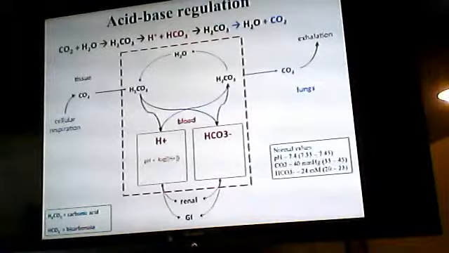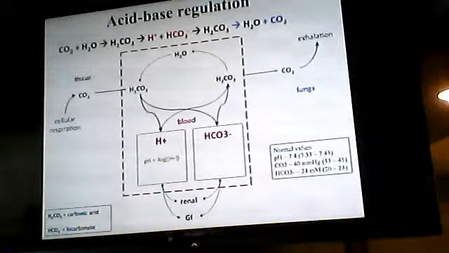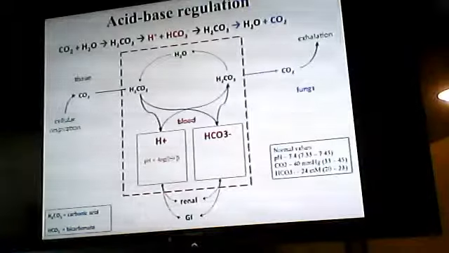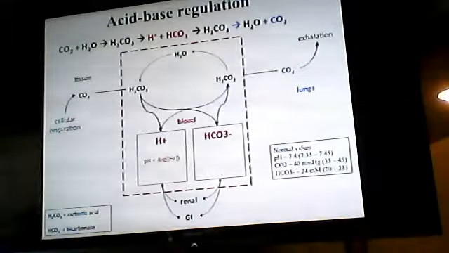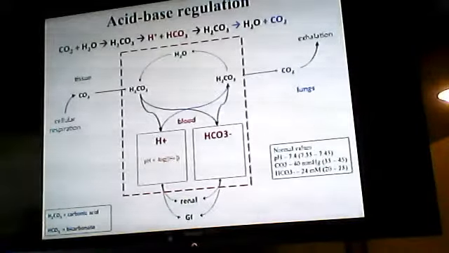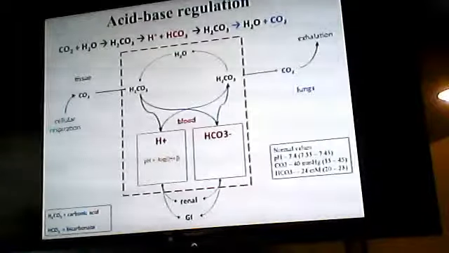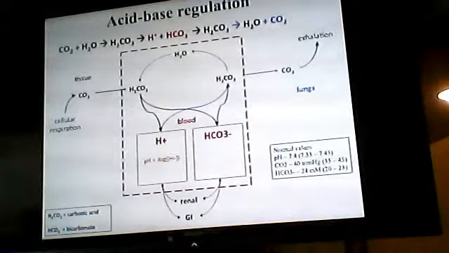So carbon dioxide plus water makes H2CO3, which instantly will dissociate into H plus and HCO3 minus, okay? So these are all in equilibrium always, and they just kind of go back and forth. But the way you can think about it is the more carbon dioxide, CO2, in your system, the more H plus you'll have in your system, okay?